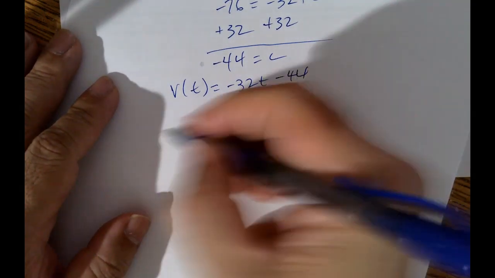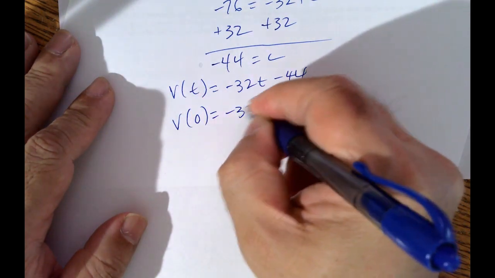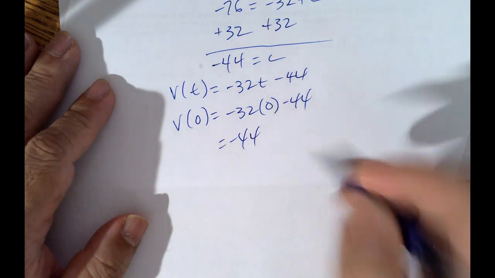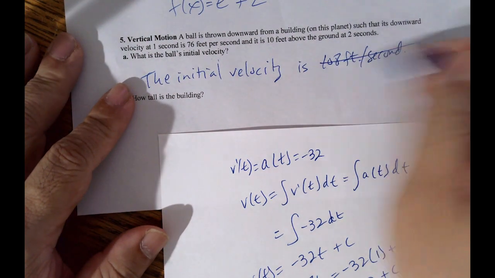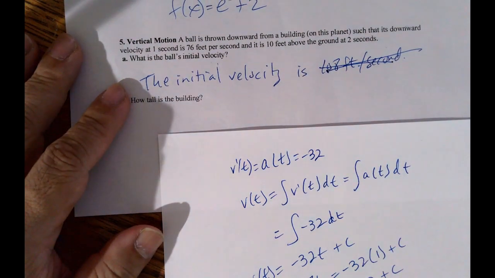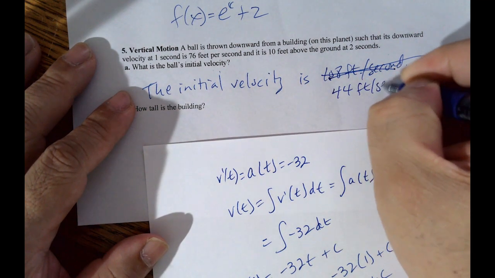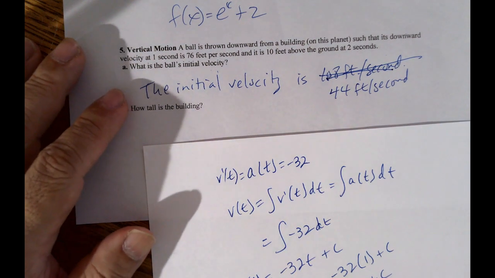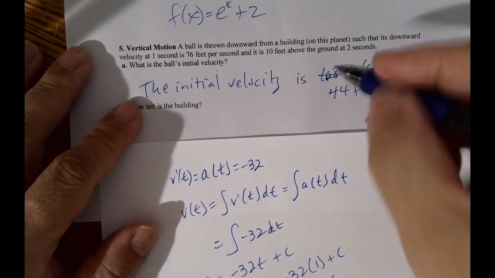Now, initial velocity, v of 0, is negative 32 times 0 minus 44, which is negative 44. It was asking for the initial velocity. Notice, this is what you get when you do it wrong the first time. So it's 44 feet per second. You do not have to put the negative sign. You could say it's falling, so you throw the ball at 44 feet per second. Well, maybe we should put negative on there to show that it is going down.